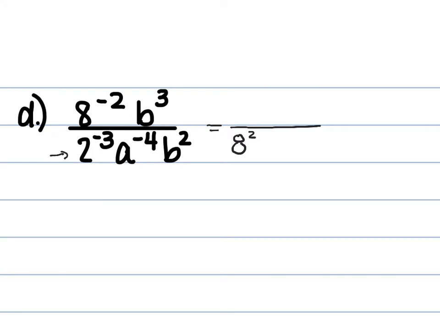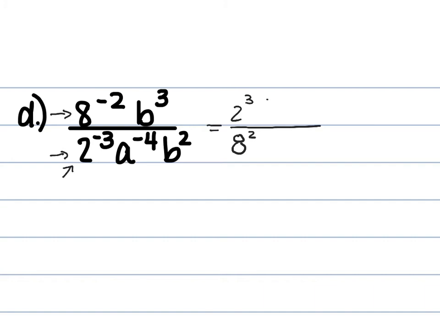And this 2 to the negative third power is also on the wrong side of a fraction because it's got a negative exponent as well. So I'm going to write that as 2 to the third power on the other side. Notice it was on the bottom and it was negative, so I just moved it to the top. This 8 to the negative second power was negative and on top, so I just moved it to the bottom, and that makes all the exponents positive.